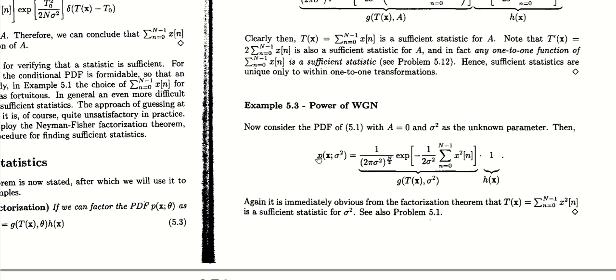probability density function of data and sigma square. That is equal to 1 divided by (2 pi sigma square) to the power n over 2, multiplied by exponent of minus 1 over 2 sigma square summation x square n, multiplied by 1.